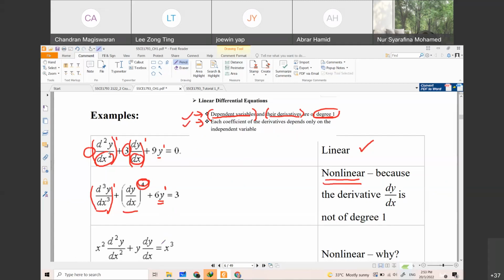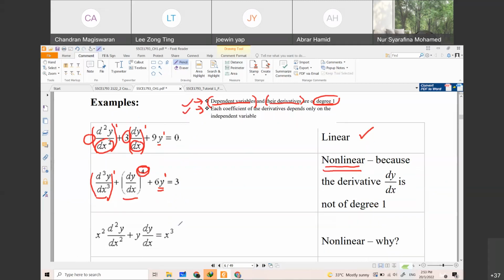Okay, now let's take a look at the third one. The dependent variable and its derivatives are of degree 1. y is to the power of 1, and this one is also to the power of 1. But each coefficient of the derivative must depend only on the independent variable.